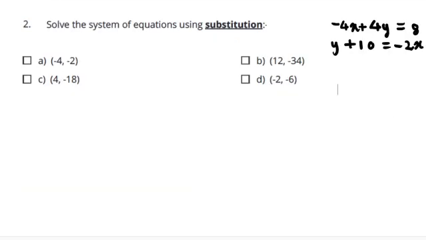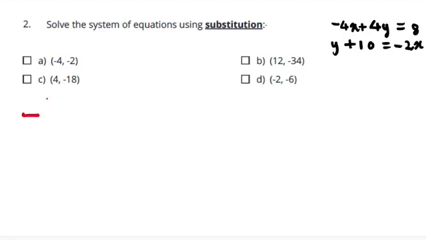Next, solve the system of equations using substitution. You can see here we have negative 4x plus 4y equals 8, our first linear equation in two variables. The second linear equation in two variables is y plus 10 equals negative 2x. First, teacher always mentions to you, write down neatly.